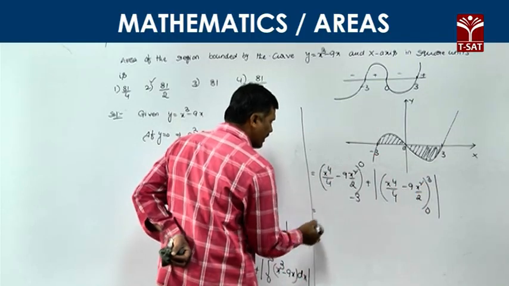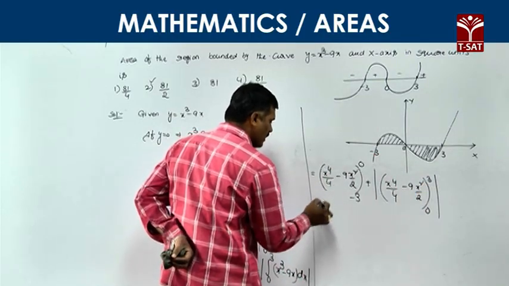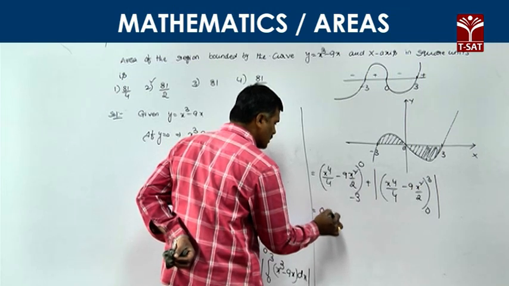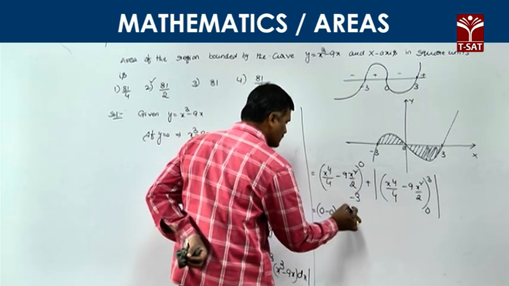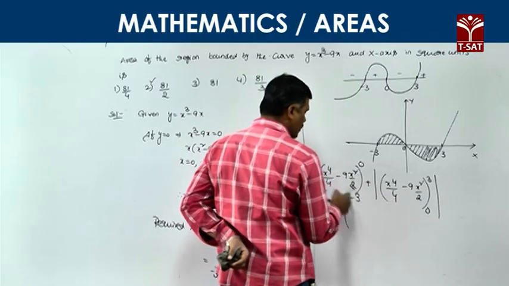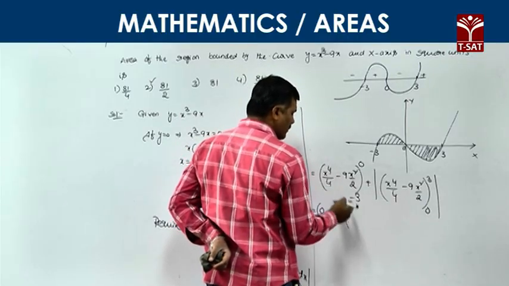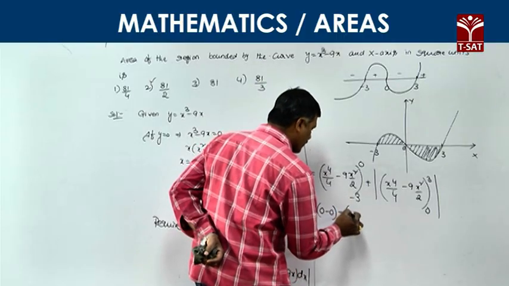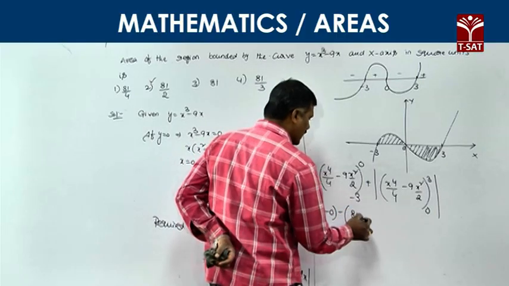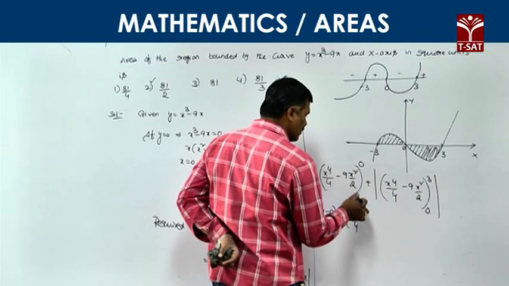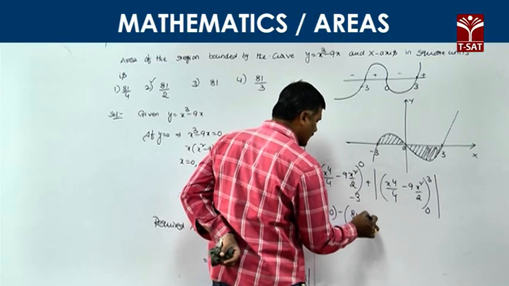Now applying upper limit minus lower limit. Upper limit in both the terms is 0, minus 0. Upper limit minus lower limit: x power 4, minus 3 whole power 4, 81, power is an even number, so it becomes 81 by 4, minus 9 into minus 3 whole square 9, 81 by 2.